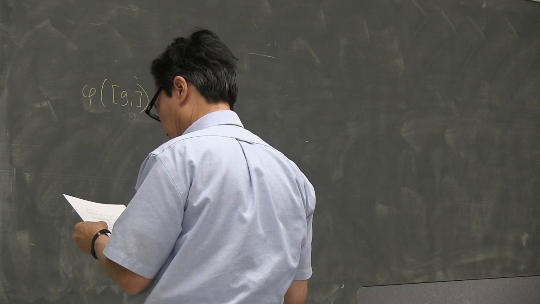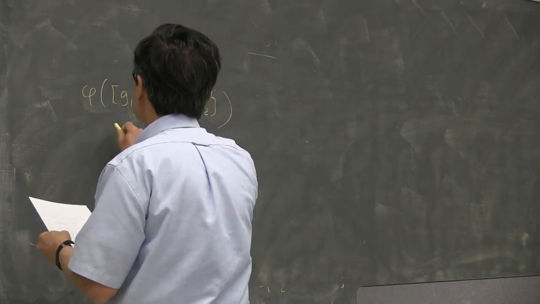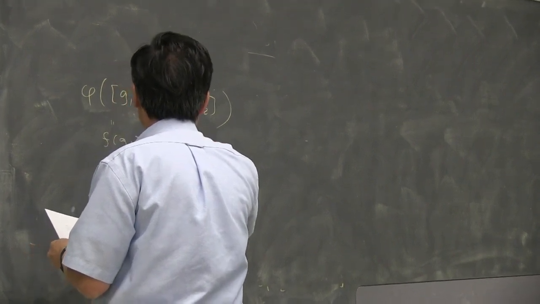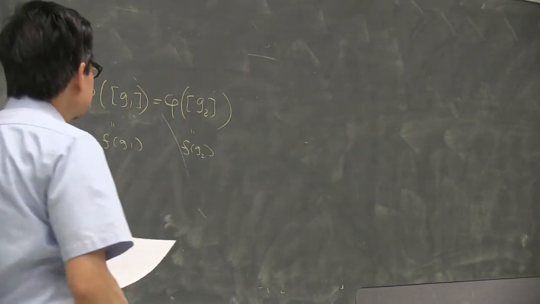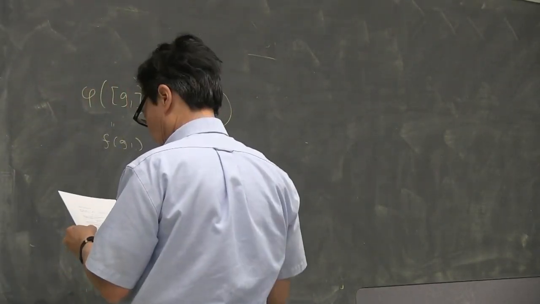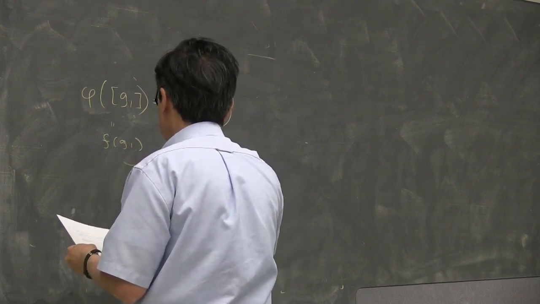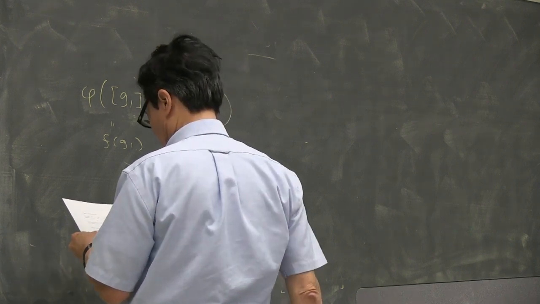And so what that means is that since this is equal to f of G1 by definition, this is equal to f of G2 by definition. So that means f of G1 is equal to f of G2.